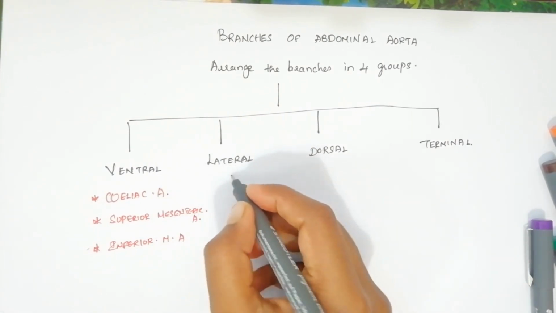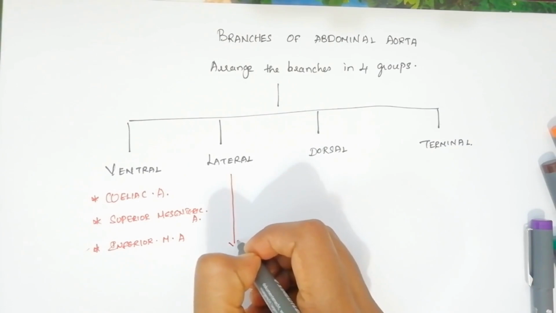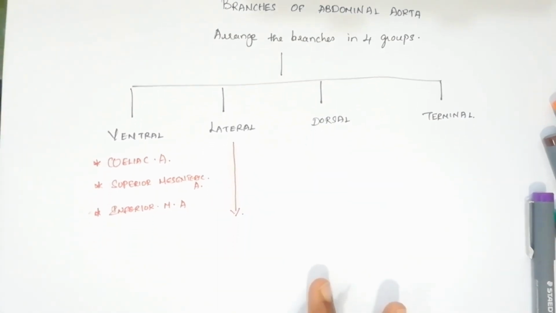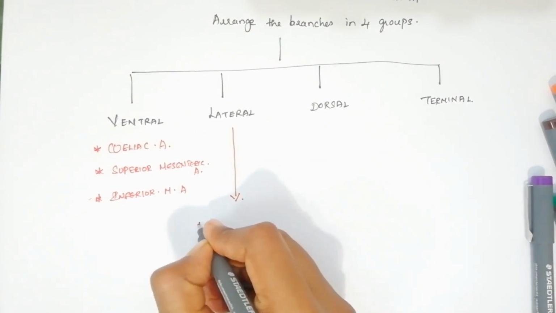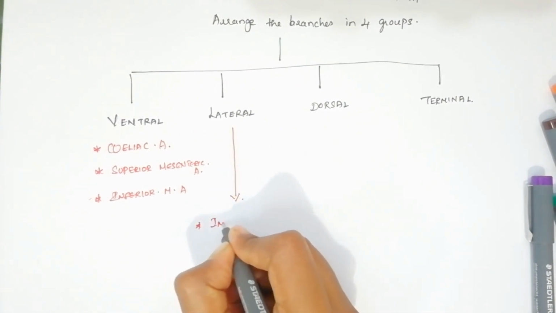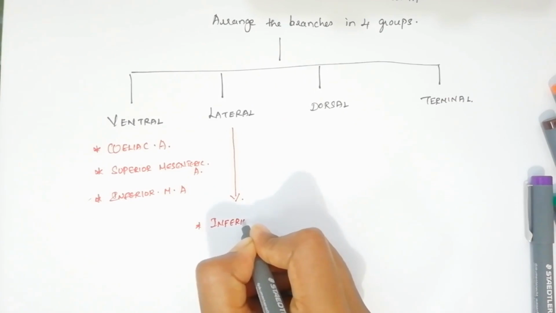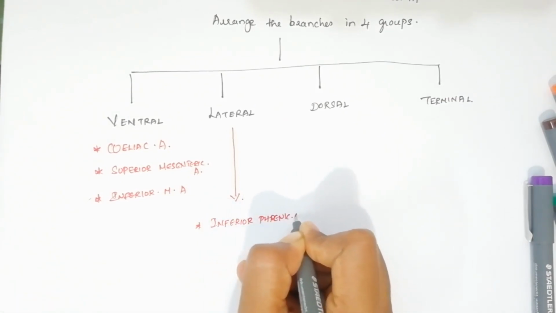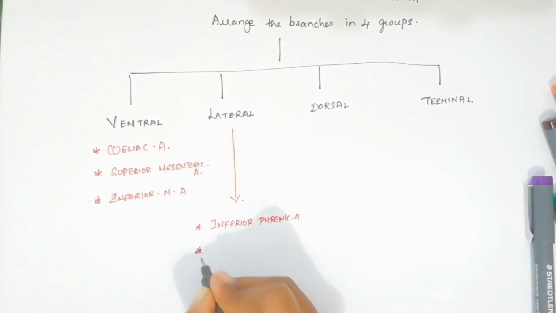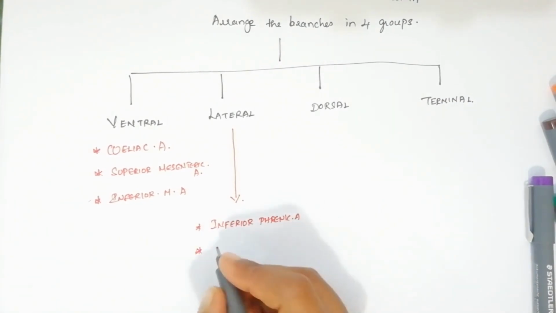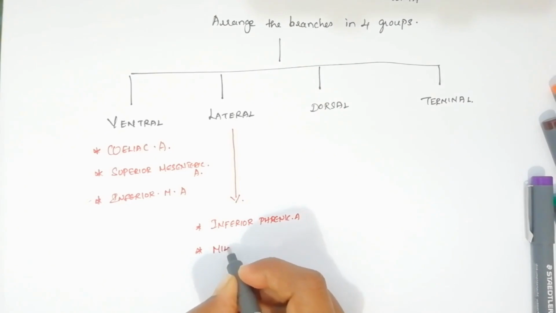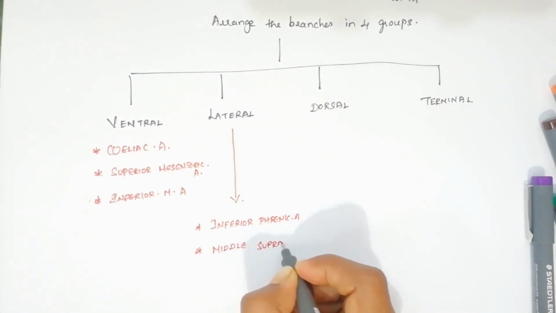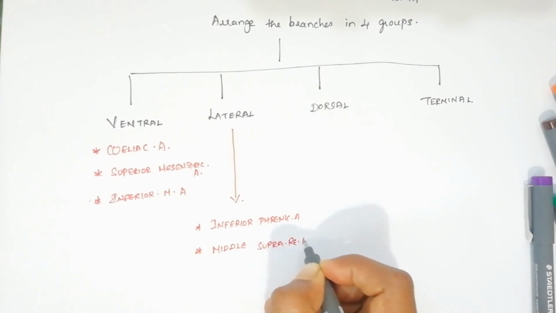In the same way, laterally we have 4 branches arising. One is for the diaphragm, the inferior phrenic artery, and then another branch for the suprarenal aspect, the middle suprarenal artery.